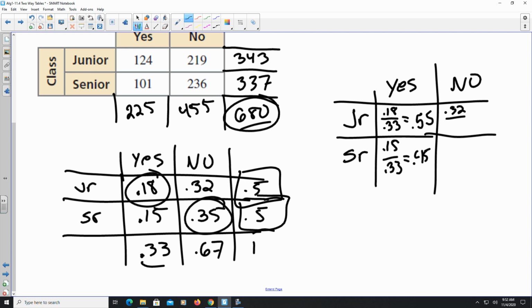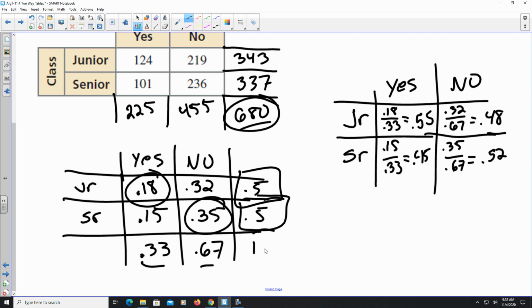That is going to be divided by the total, which was 0.67, and you get a value of 0.48. And finally, we had 0.35, divide that by 0.67, and that's going to be equal to 0.52, okay?